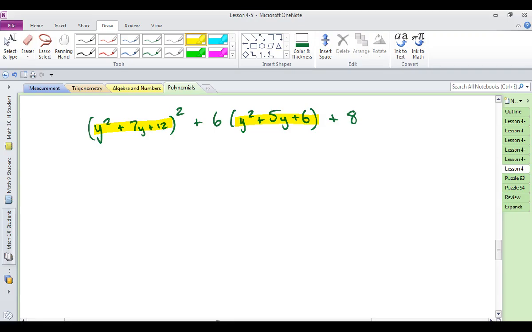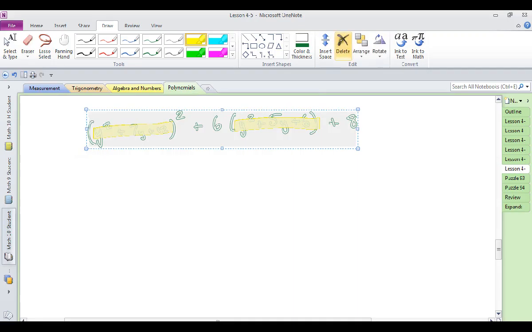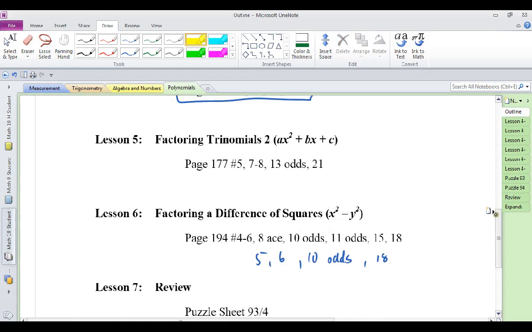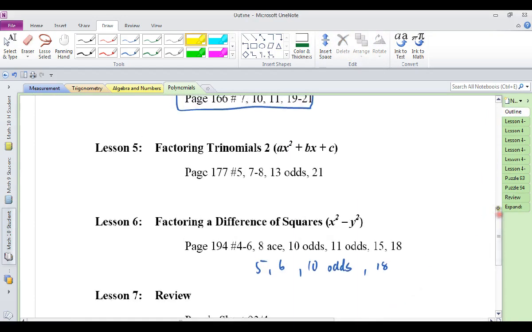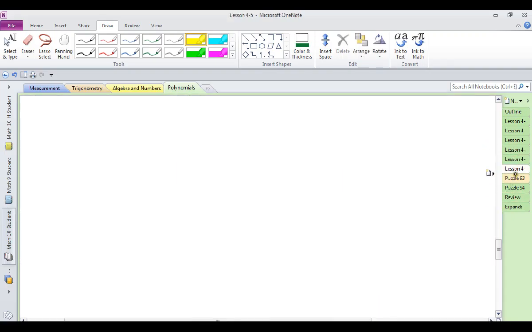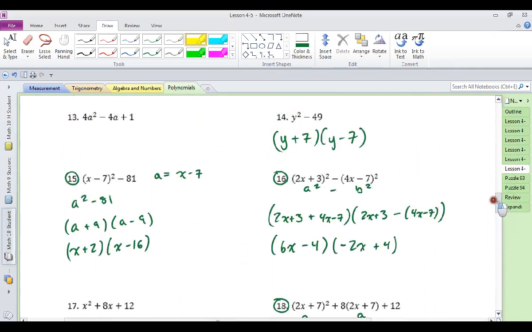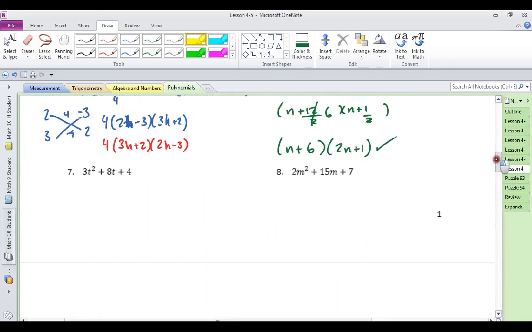Everybody cool? Okay. So here's what I want from you guys today. You're going to do page 177. And I want you to finish these notes.